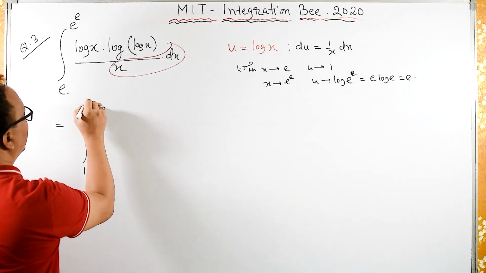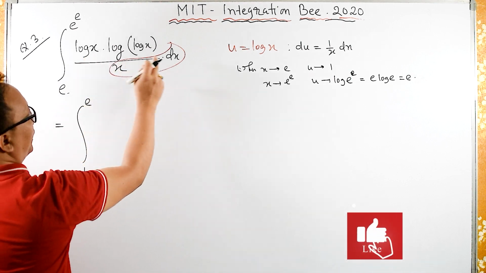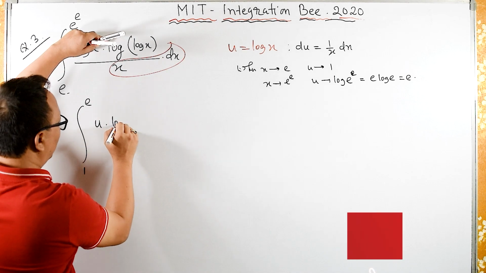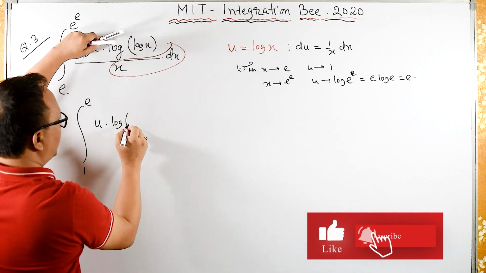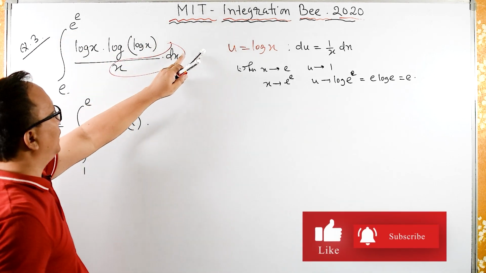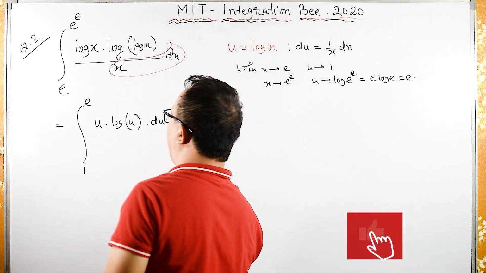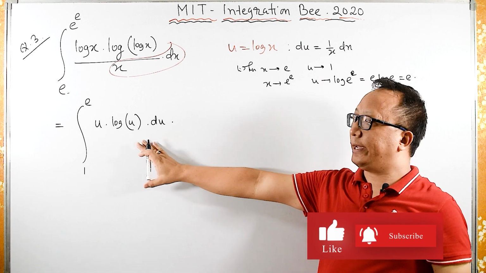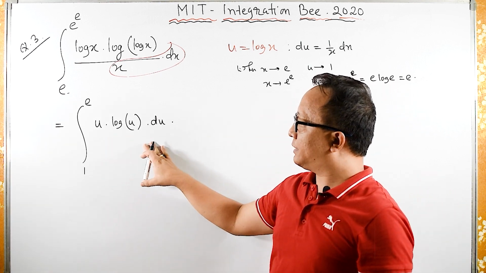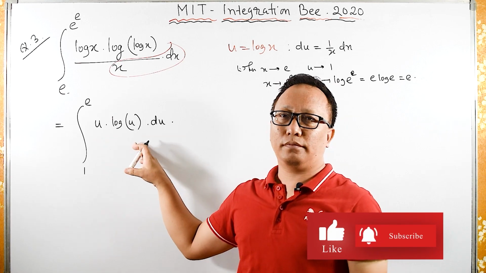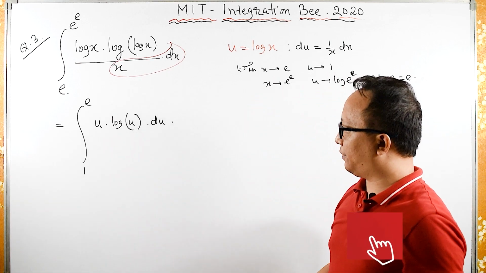Here 1 to e. What is log x? Log x is u. So u into log of log x is u into log of u, and dx by x is du. Now from here we can use integration by parts, ILATE, or you can use tabular form or DI methods, any one you can use.